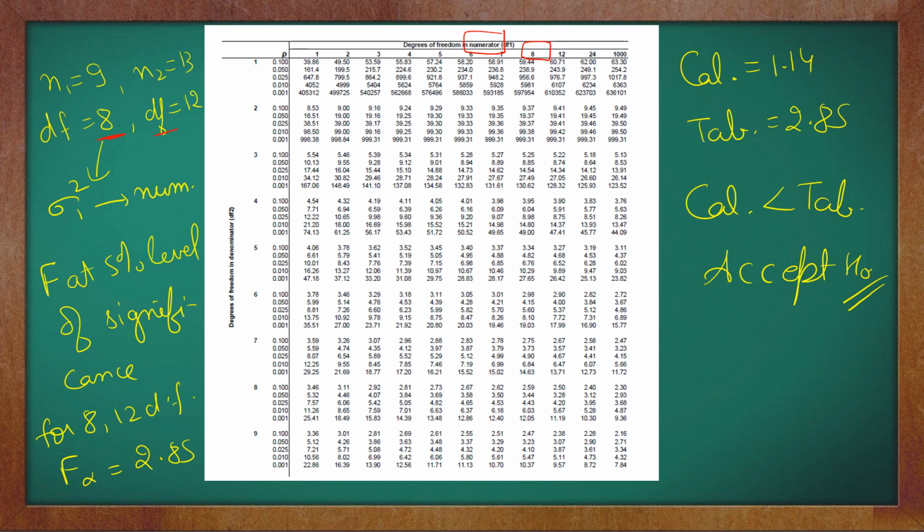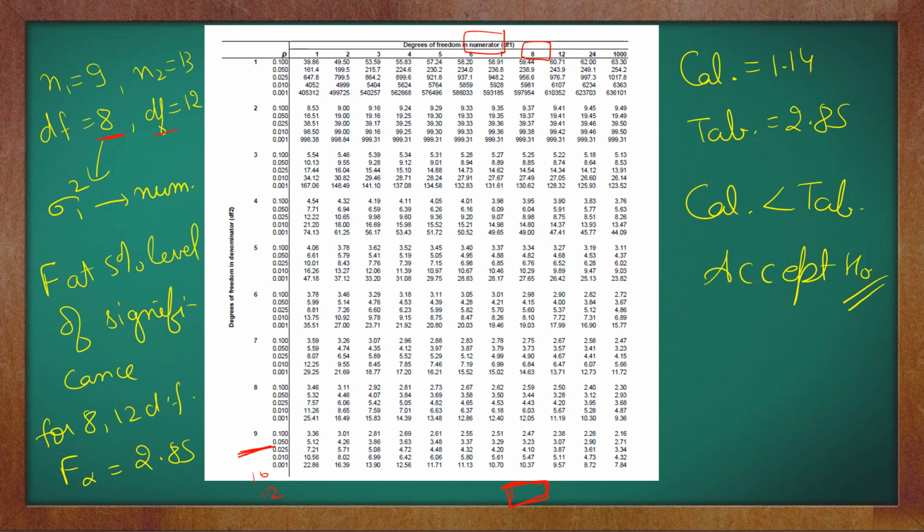Okay, and one more point, guys. In this table, I have uploaded the picture, but it's showing only till 9 degrees of freedom. After this, we have 10, 11, 12, and the process is the same. When you get 12 and 8, what is the intersection value? That value is always your table value. You can download this table from Google also. It is very easily available.